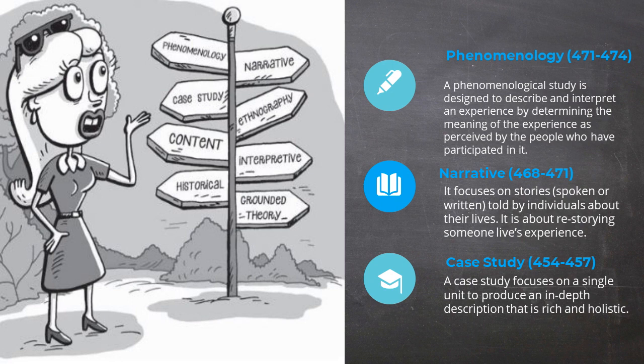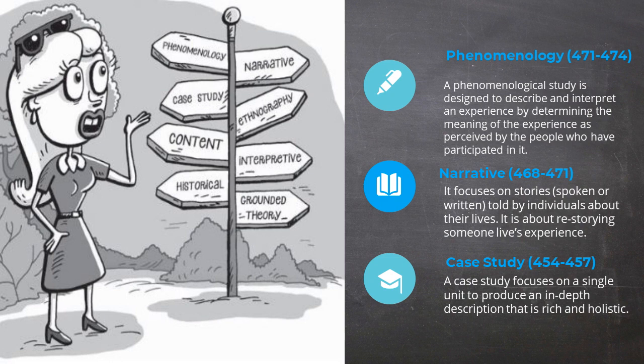And the last type of case study is multiple or collective case study. As it says, multiple means it uses several cases, several phenomena, several events, several situations to identify what happened and why those things happen.